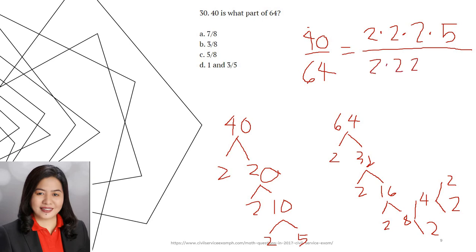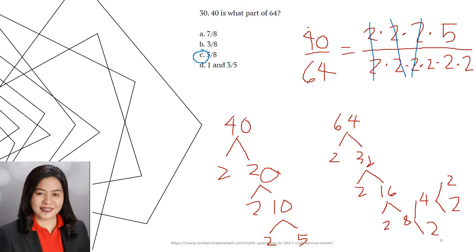Don't forget the multiplication symbol. I'm using the dot. Dot can also mean multiplication. And we cancel. 2 and 2 is 1, 2 and 2 is 1, 2 and 2 is 1. So that will give us 5 over 8. So 40 is 5/8 of 64.